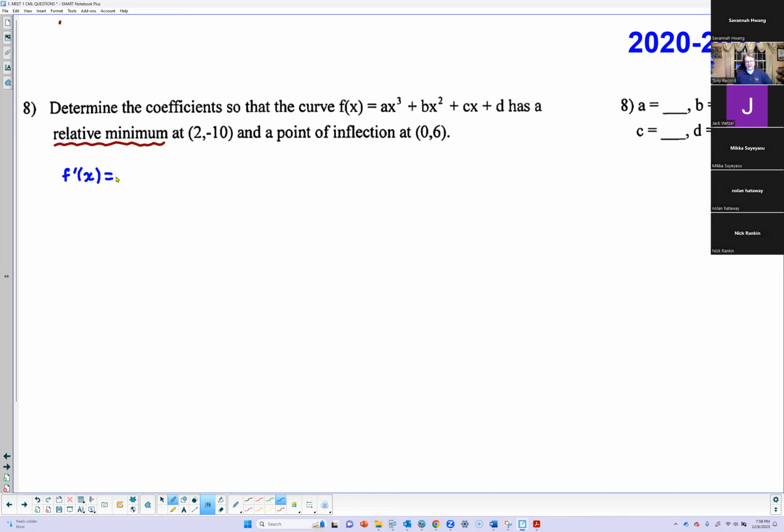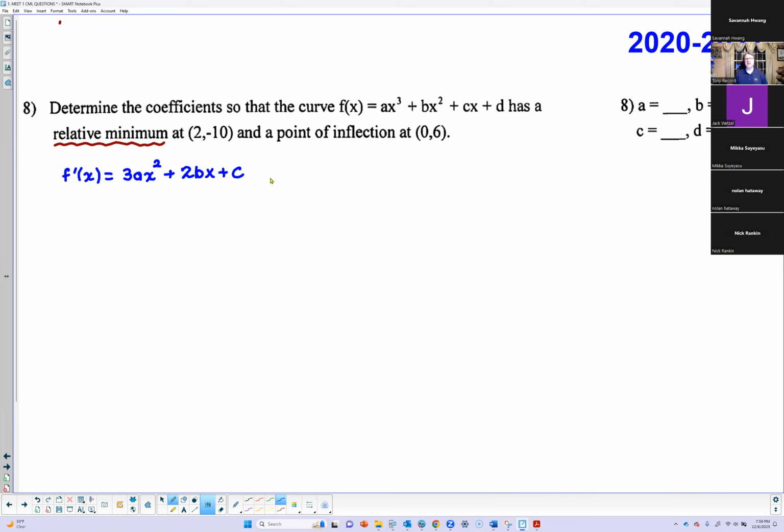So why don't we take the derivative of this f of x? Don't worry about the a's, the b's, and the c's because they act as constants. So we would have 3ax squared plus 2bx plus c. Now, remember what I said. The derivative has to equal 0 at the x value where your minimum occurred.